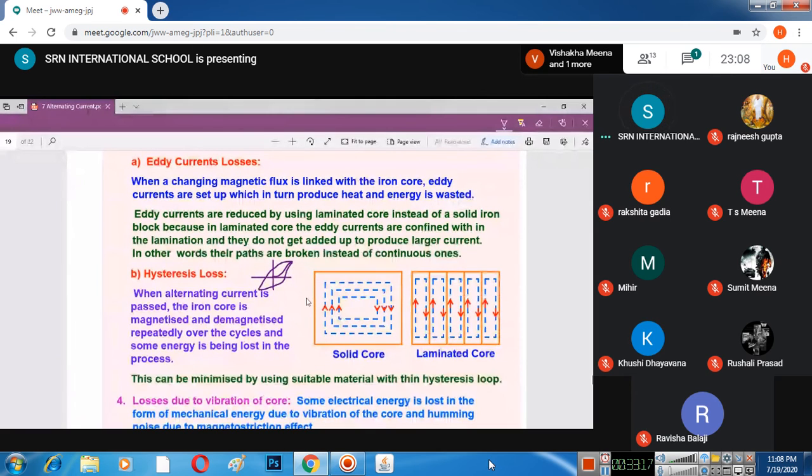So instead of taking steel, copper or any other material, we are using soft iron, but we cannot eliminate this hysteresis loss because it is linked with the material. So we can use minimum hysteresis loss, otherwise we need to replace the material.